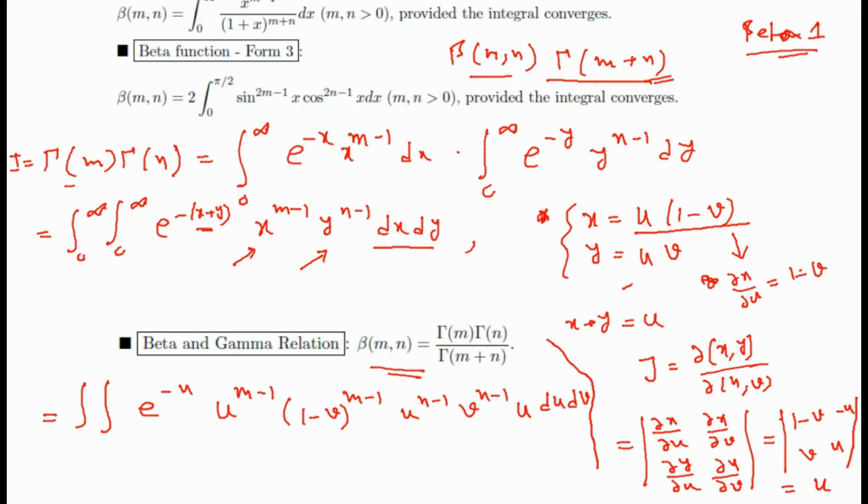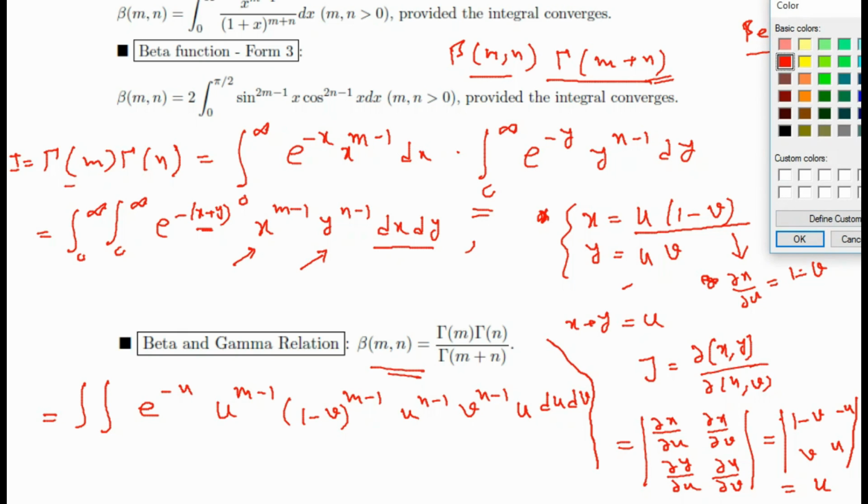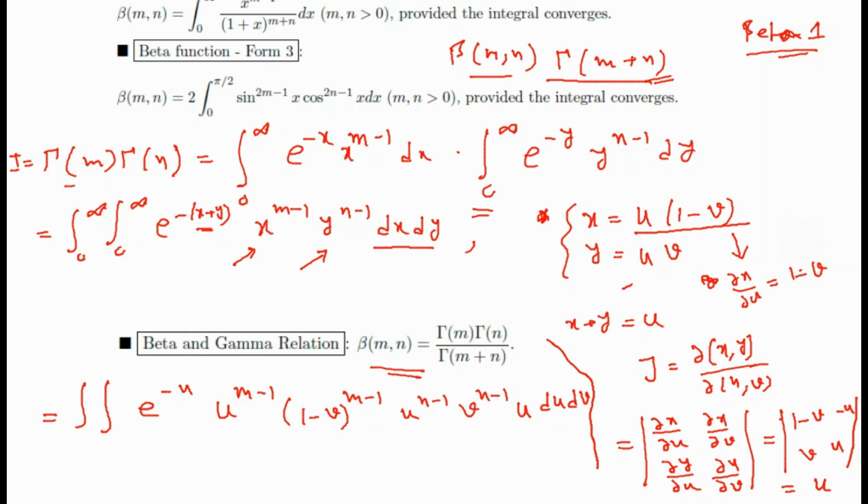Now the limits. Here x has the limit 0 to infinity, and y has the limit 0 to infinity. See, here 0 less than x less than infinity means 0 less than u into (1 minus v) less than infinity.